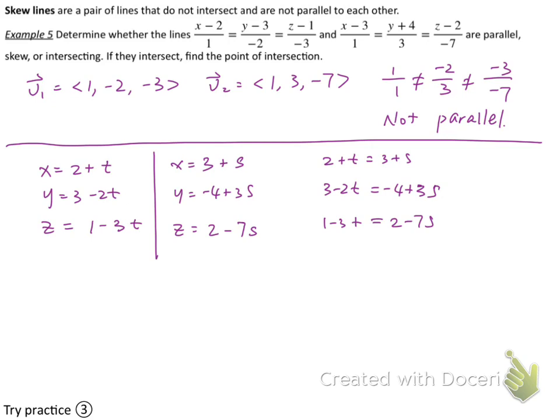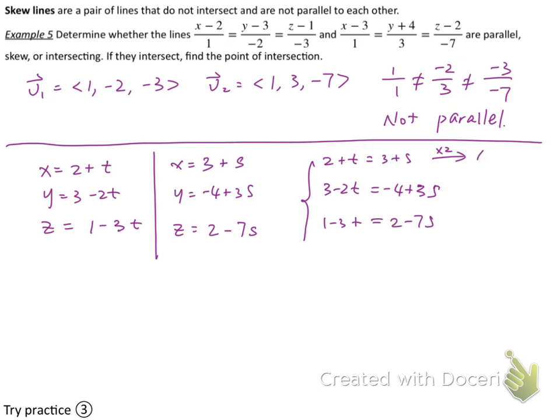All these three equations will hold. But of course you have two variables but three equations. Let's just solve for t and s with the first two equations and ignore the third one.